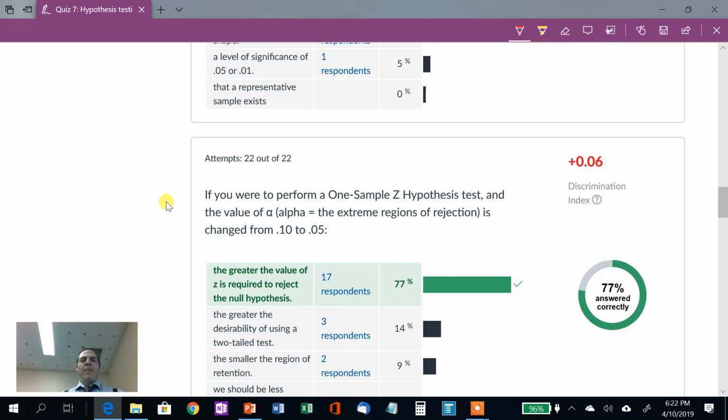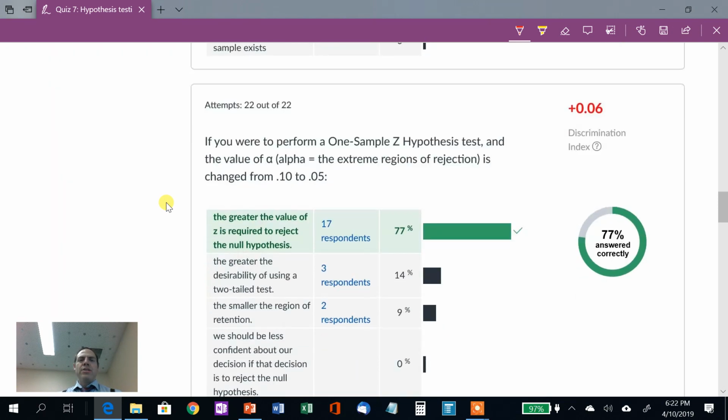If you were to perform a one-sample z hypothesis test and the value of alpha, the extreme regions of rejection, is changed from 0.1 to 0.05, the greater the value of z is required to reject the null hypothesis. So let me show you an example.